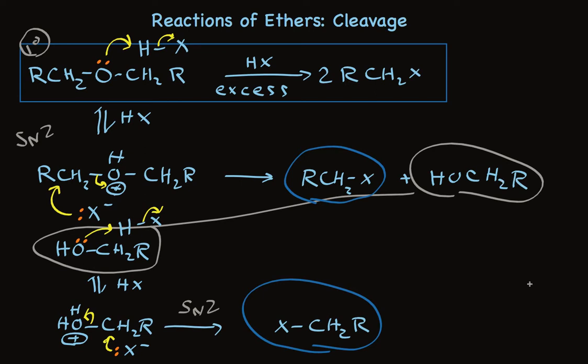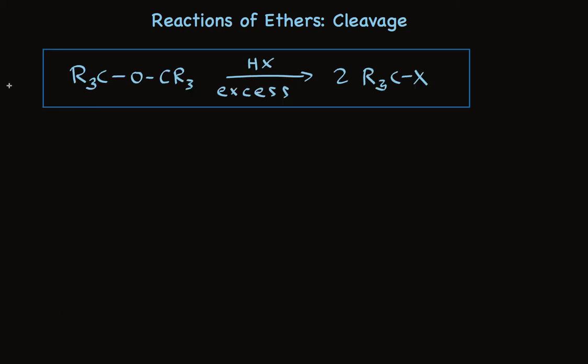Let's take a look at what happens when we have an ether with tertiary alkyl groups. The reaction mechanism changes when we have tertiary alkyl groups attached to the oxygen. We still make 2 moles of alkyl halide, and we still start out the reaction by protonation of the oxygen. We'll track the bond forming with arrow pushing and bond breaking.